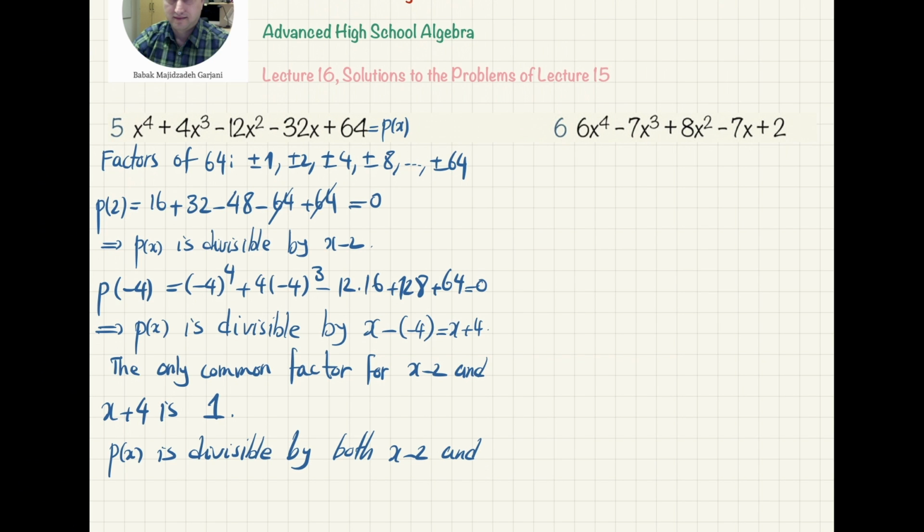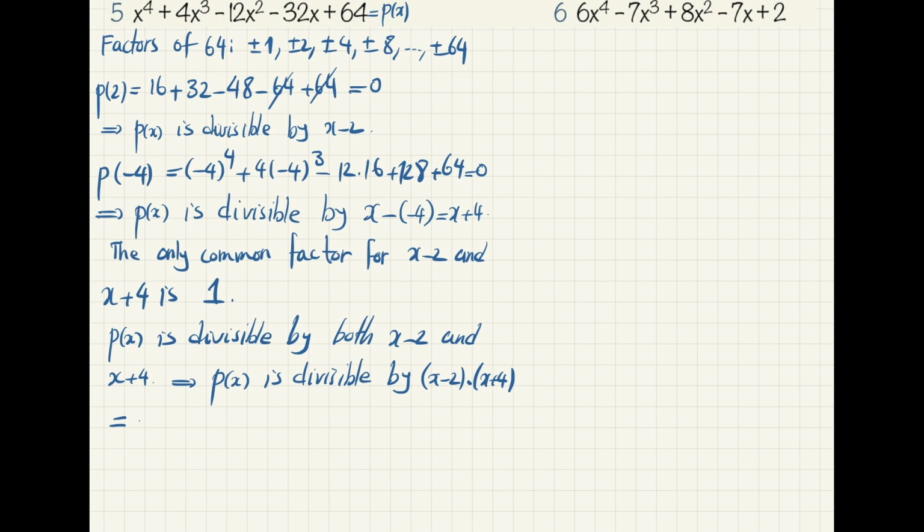So p of x is divisible by both x minus 2 and x plus 4. This implies that p of x is divisible by the product x minus 2 times x plus 4. Yes, but this is equal to x squared plus 2x minus 8. So we realize that my polynomial p of x is divisible by that expression.